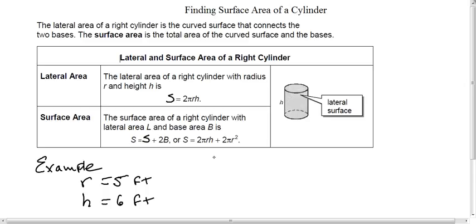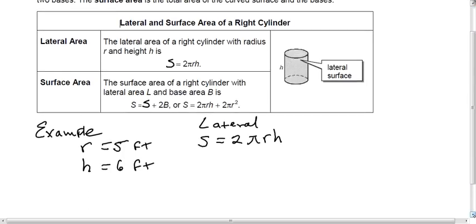So again, let me define my lateral. To find my lateral, I'm going to use S is equal to 2 pi r h. I always believe that it's good when we work these problems that we write every single bit of information that we know.